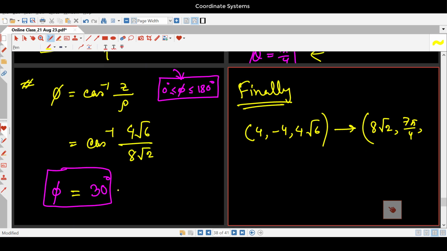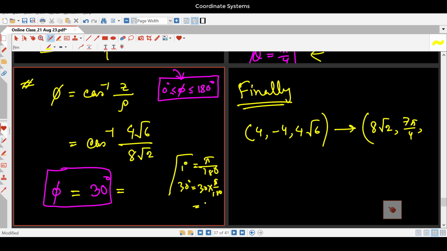So you can convert it to radian just by this formula, that is 1 degree equals pi over 180 radian. That means for 30 degree, by the unitary process you can easily find 30 times pi over 180. So you will get pi over 6. So phi equals pi over 6.